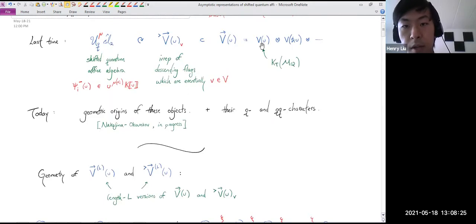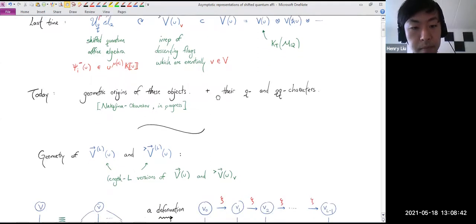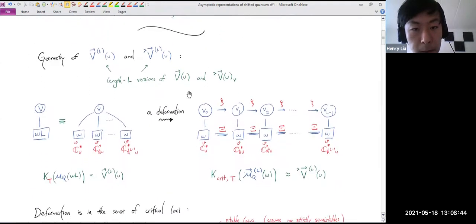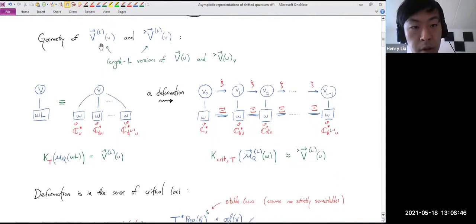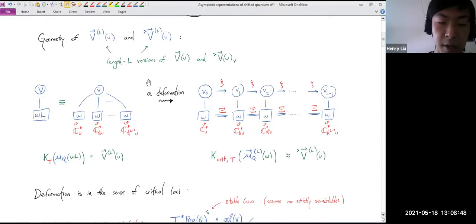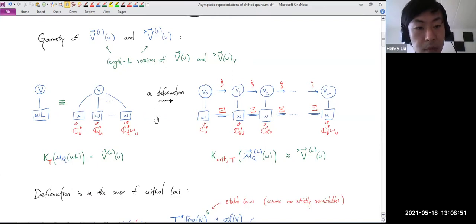Okay, so these are evaluation representations. We take L of them with the evaluation parameters in a certain geometric sequence with ratio h bar. And such tensor products are very special because they're mostly reducible. Okay, so these are the finite length versions of the things which we'll eventually care about.